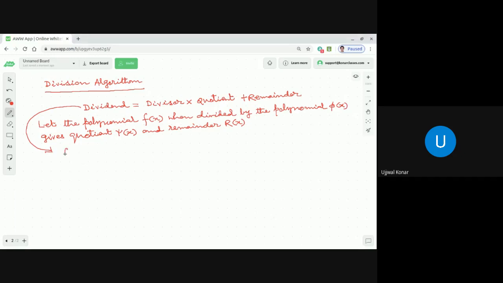We are going to get f(x) equal to phi(x) into psi(x) plus R(x), correct or not? Clear or not clear? Yes, sir. So f(x) equals phi(x) into psi(x) plus R(x).